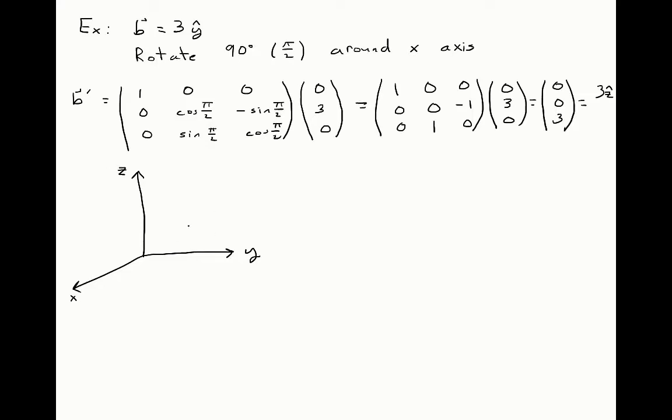So we're starting out with one that's purely in the y direction. 1, 2, 3 over here. So this is b. I'm rotating it 90 degrees about the x-axis, which means we're rotating this way. 90 degrees means we go all the way to the z-axis. So we end up with 1, 2, 3 over here. So we should be 3z hat.